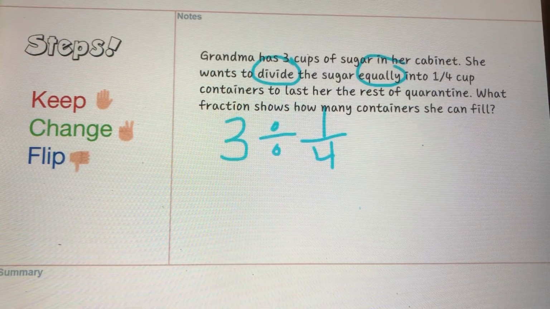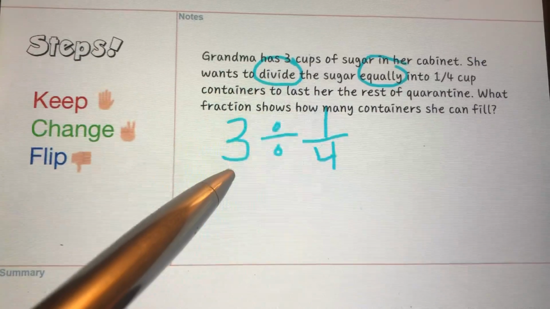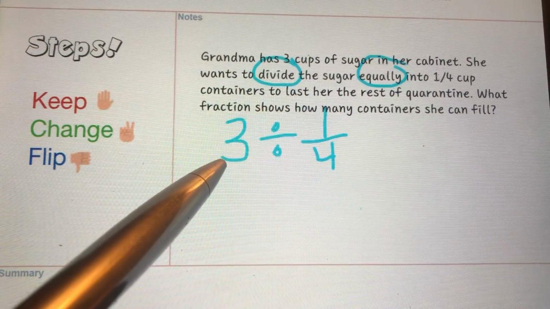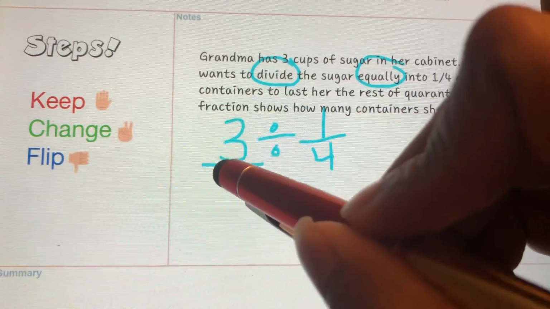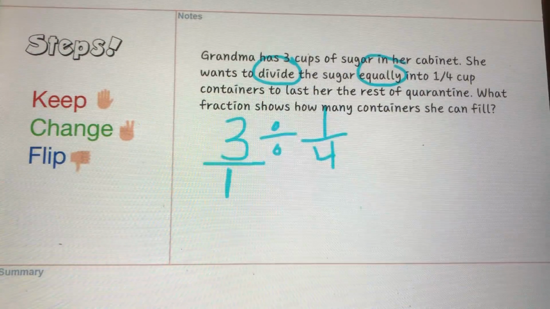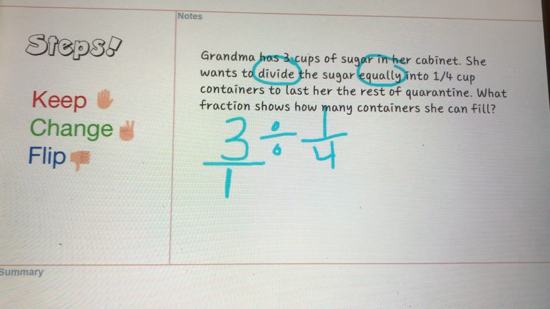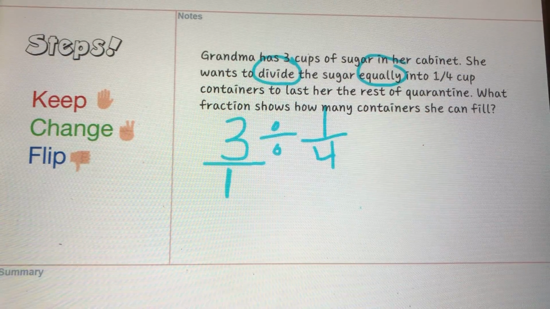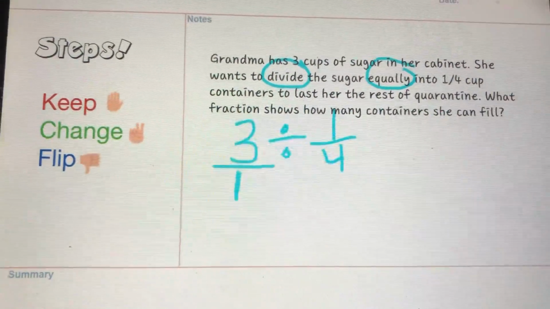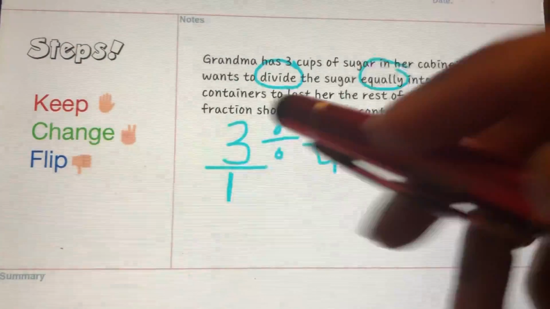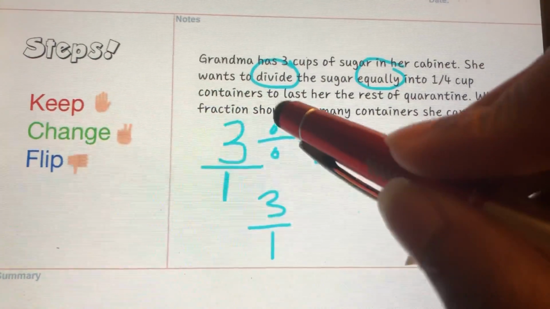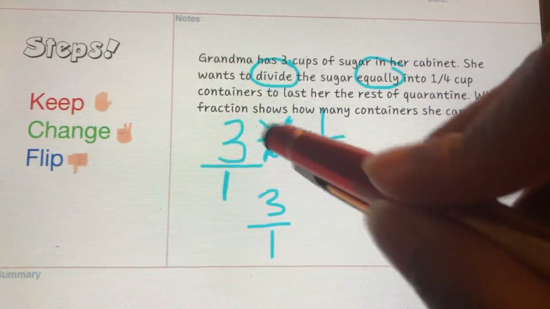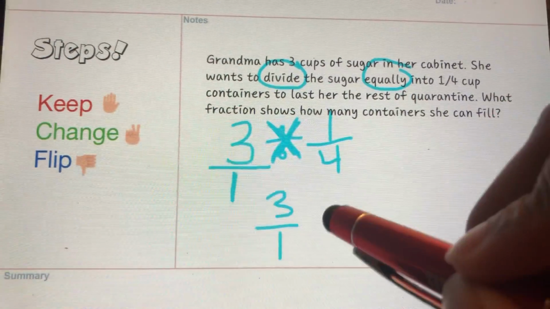Now, we can see that this is a whole number. Remember, when we have a whole number, we want to put that number over 1 so that we can better finish this problem. Now that we have the problem, we're going to use our key steps. Keep, so we got 3/1. Change, we're going to change this to multiplication.